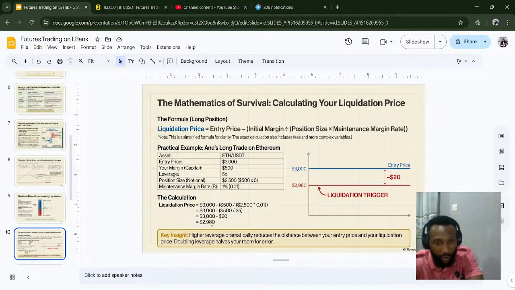So that would be your liquidation price. So once the price gets to about 2,980, even though you entered at $3,000, because of all the other variables, boom, you're gone. See, entry price 3,000, liquidation trigger 2,980. That means your money is gone. Ó ti lọ, ó ti lọ.